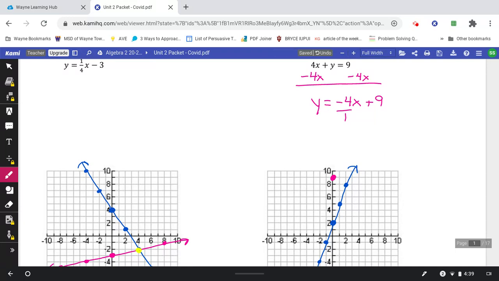You should have started up at 9. Then you're going to go down 4 and right 1. Notice that the 1 is still positive, so you're still going to move to the right.